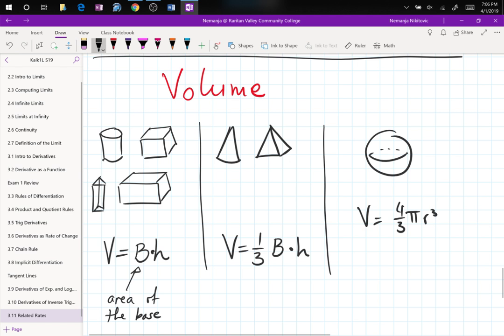So here are all objects that exist in 3D realm. You have to categorize those in 1, 2, or 3. If the problem says a spherical balloon is being inflated at the rate, great, volume of a sphere. A snowball is rolling down the hill, becoming bigger and bigger and bigger, like in a cartoon, until it smashes into a house, right?